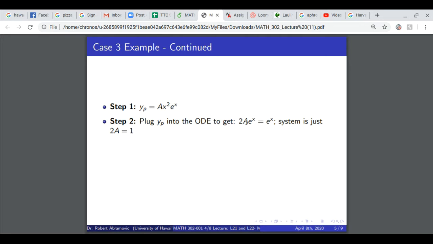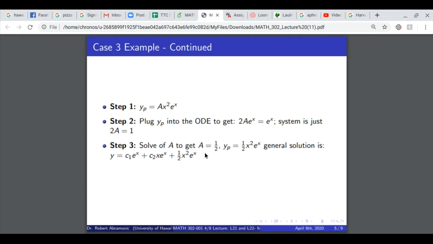You're left with 2a e to the x is e to the x. So the system is just one equation: 2a is equal to 1. Solve for a, you get a is 1/2. And your particular solution is 1/2 x squared e to the x. For the general solution, just add this particular solution to the general solution we found: c1 e to the x plus c2 x e to the x plus 1/2 x squared e to the x.